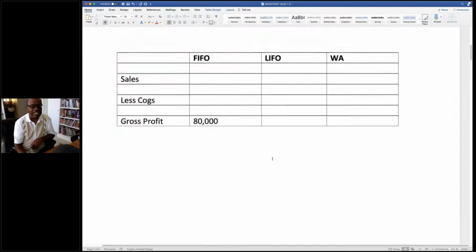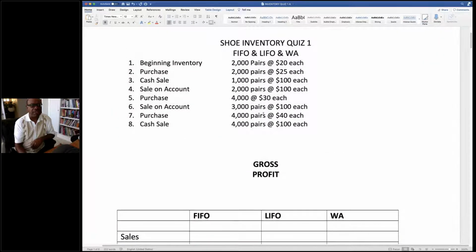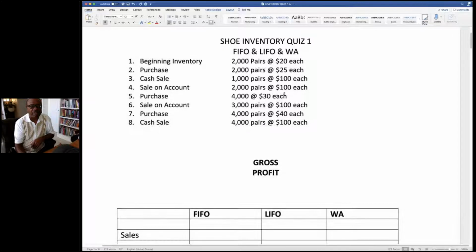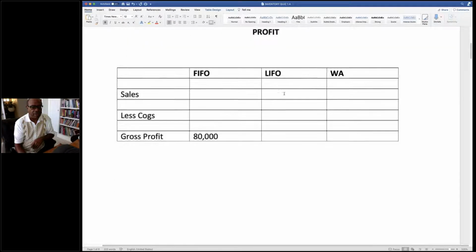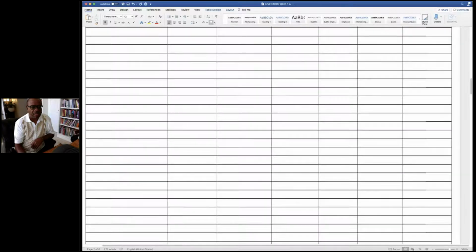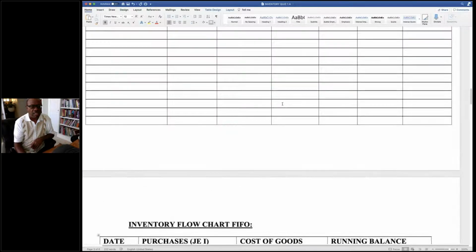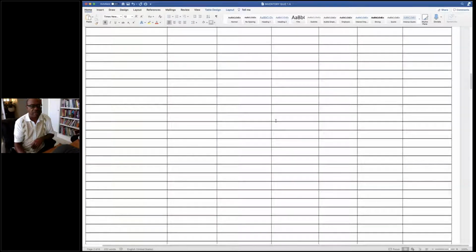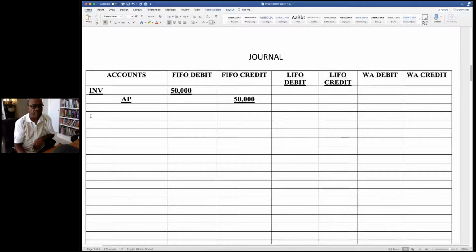Okay, sure. So in transaction 3, what happened? We sold 1,000 pairs for $100 each. So that doesn't go on the inventory because it's a sale, but all we do is put it in the journal. Let's make the sales entry first. We said we're just going to do cash, right?